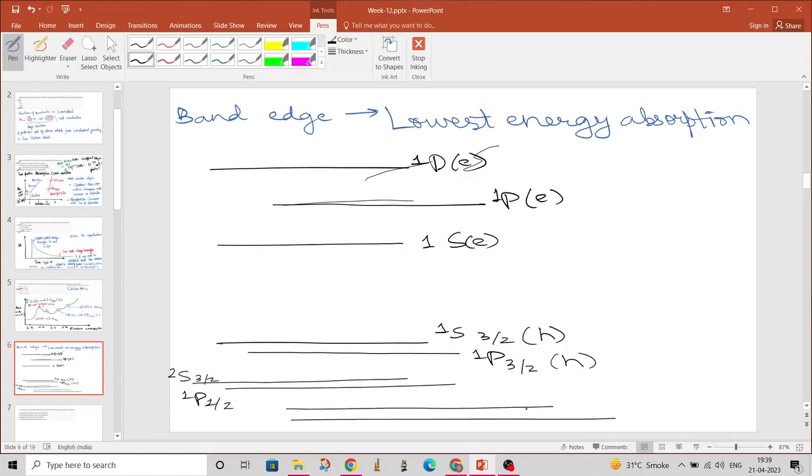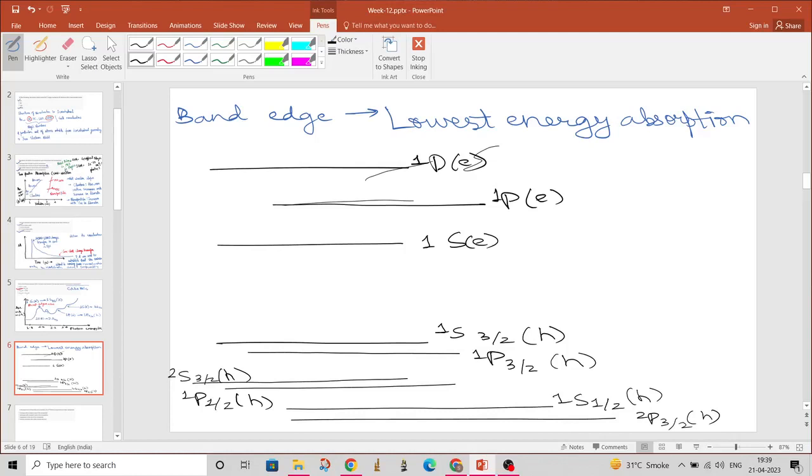Similarly, two more levels are there. This is 1S 1/2 H, and this last one is 2P 3/2 H. H is there in brackets in all the energy levels, which denotes that it is for the holes, that is the valence band.